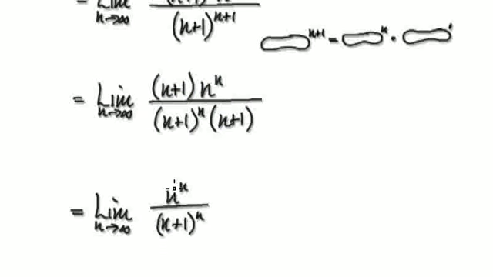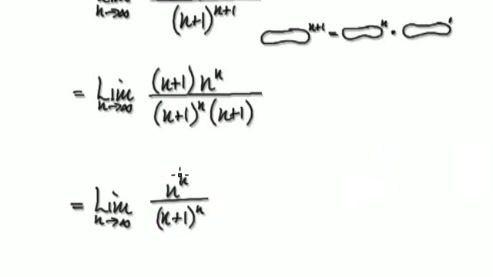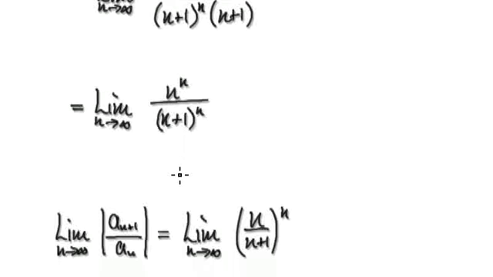Now remember, if you have x over y to the power of n, that's the same as x to the power of n over y to the power of n. So when you get to this stage, you can rewrite this thing as n over n plus 1 to the power of n.